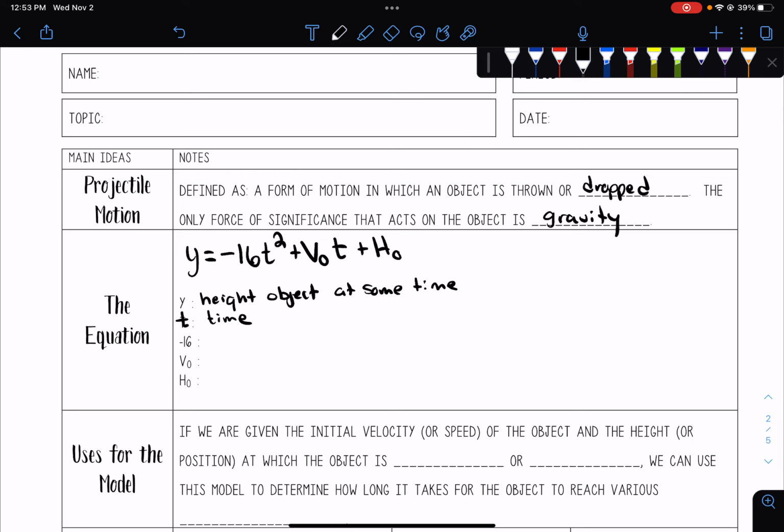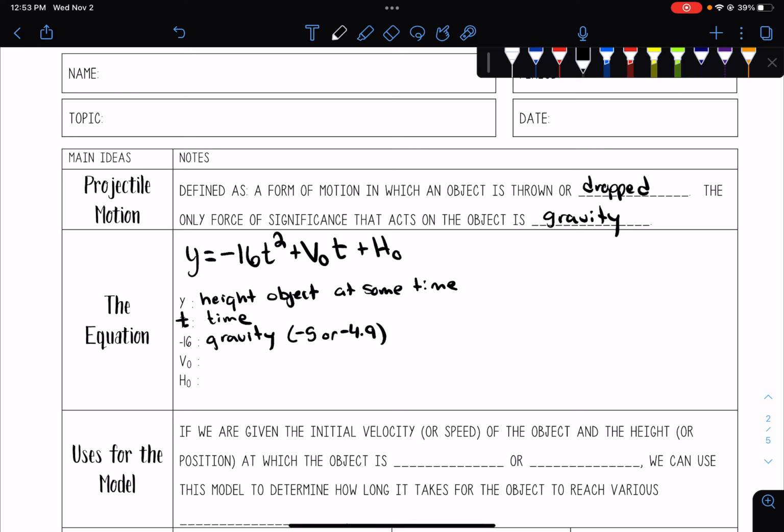The negative 16, that represents gravity. That's the force of gravity, and it's pretty close to what the actual force is. If there's an object in the air, that's the strength of gravity pulling the object back down to the ground. Sometimes on some of the story problems today, they won't use negative 16, they'll use negative 5 or negative 4.9.